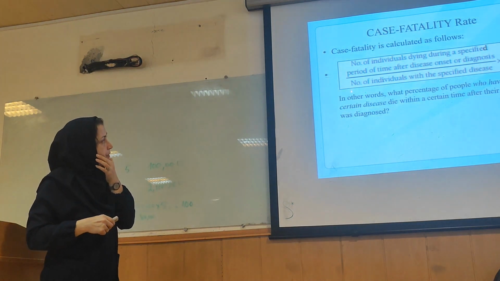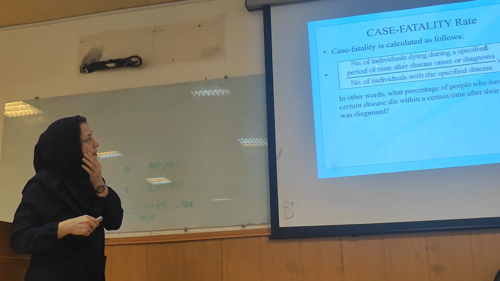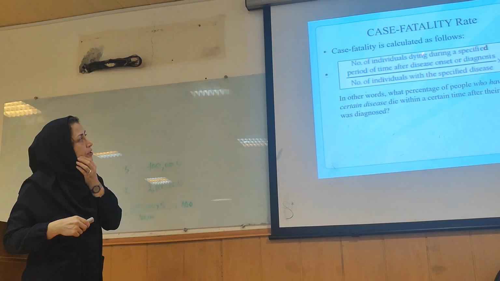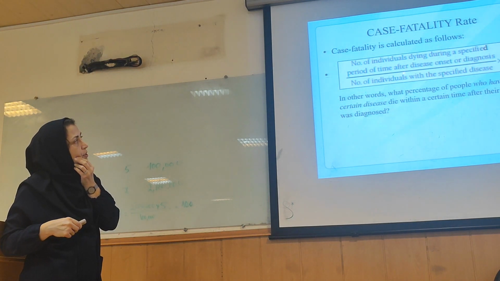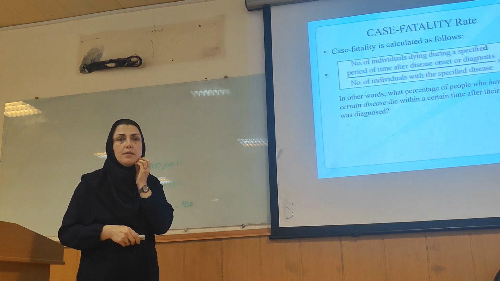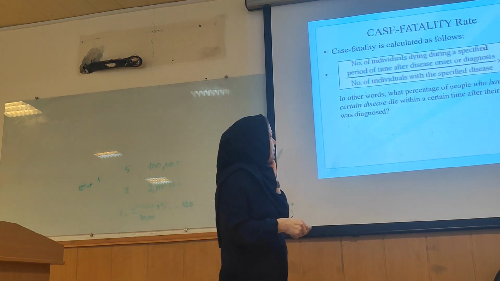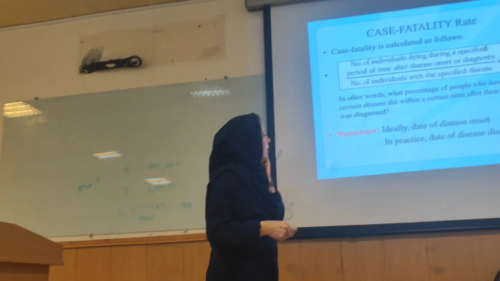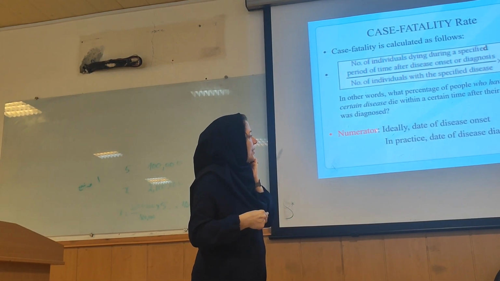It means, for example, the number of individuals dying during a specific period of time after disease onset or diagnosis, divided by the number of individuals with a specified disease. Okay? Numerator.